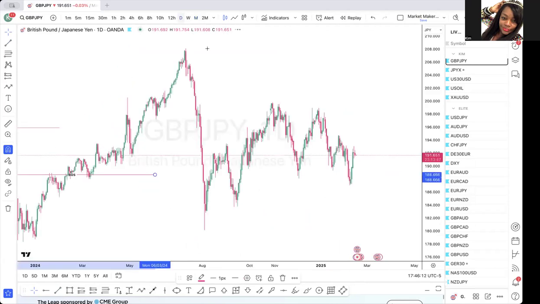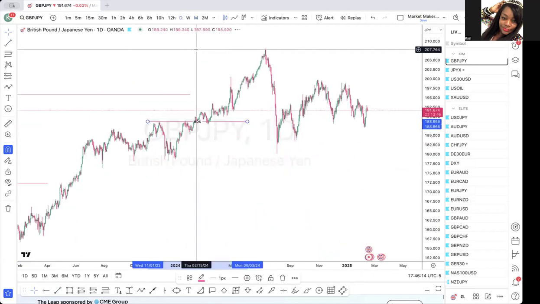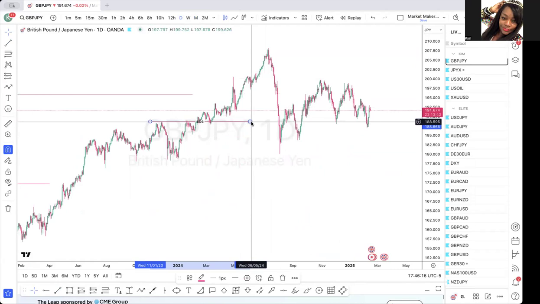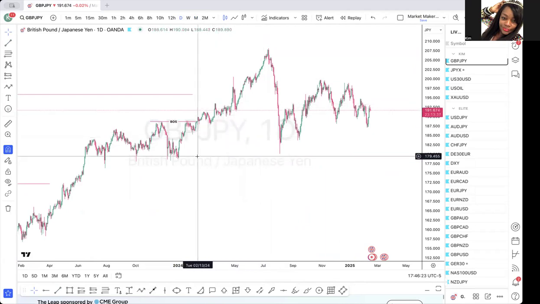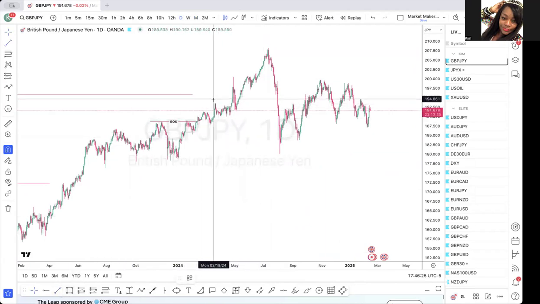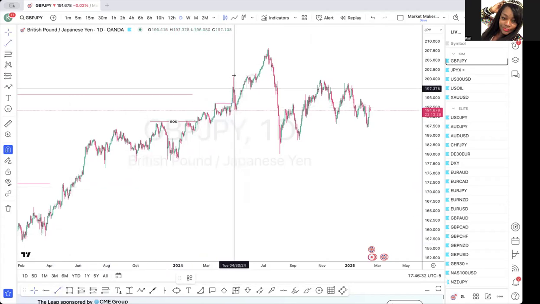All right. Let's take that down to the daily. And let's clean this up just a little bit. And then you have the rest of these daily internal swings here. Okay. And then you have this daily internal swing here.